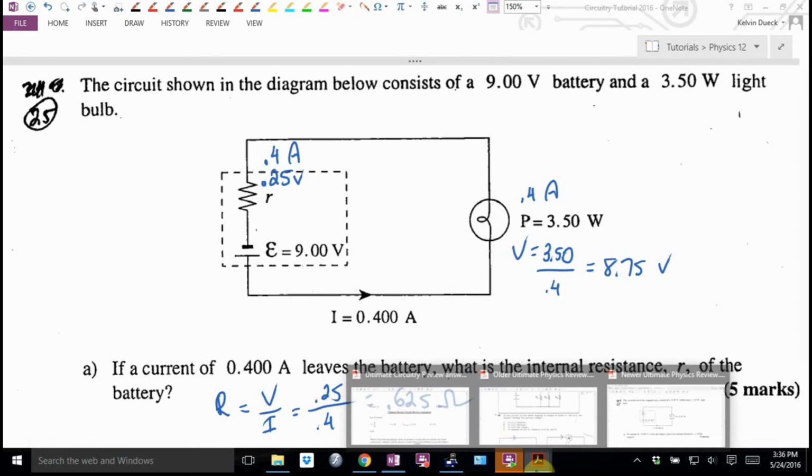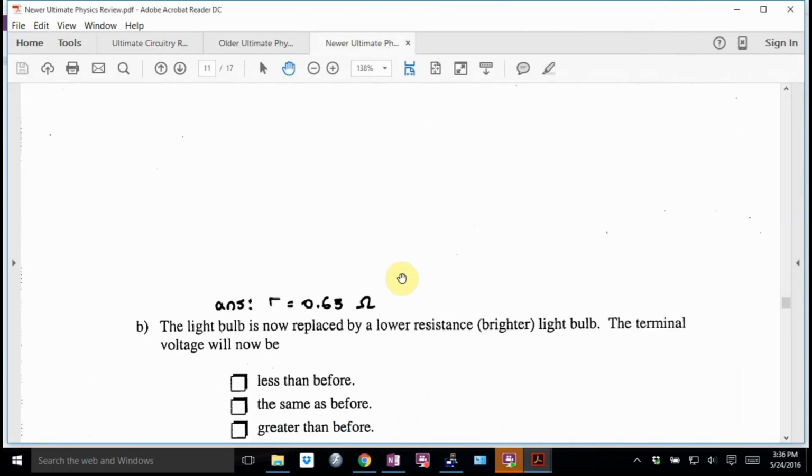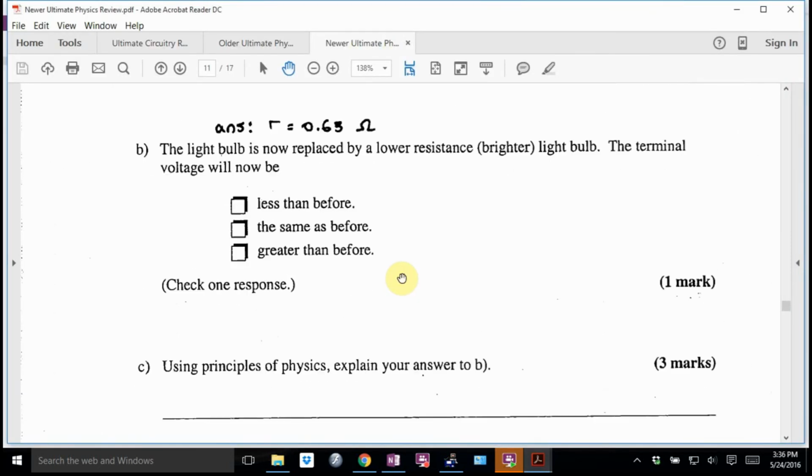There's a part B. What is part B wanting us to answer? Here's a using principles of physics to explain question. Here's a nice example. It says the light bulb is now replaced by a lower resistance, a brighter bulb.